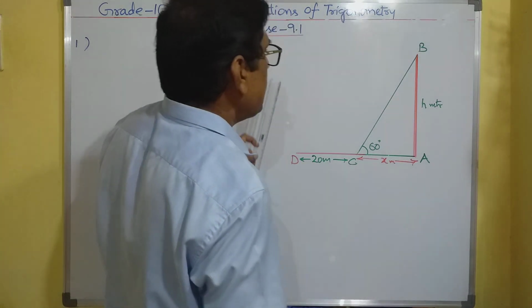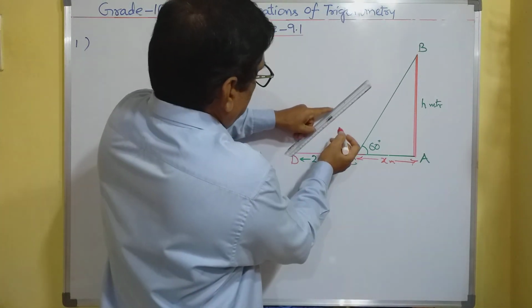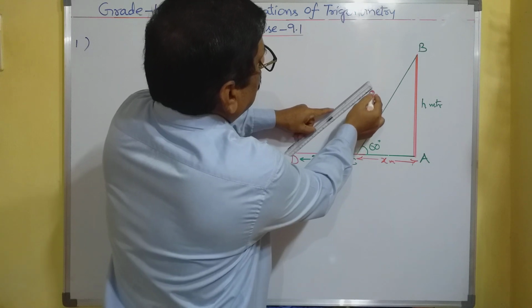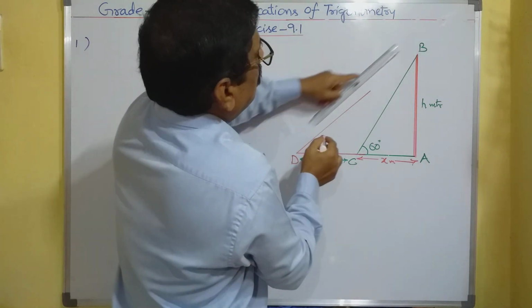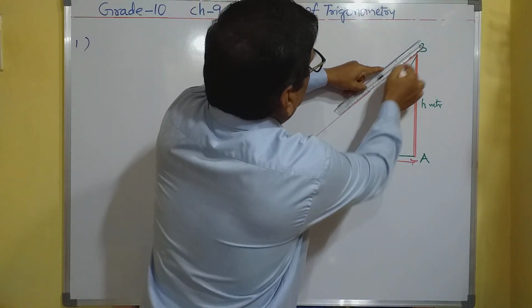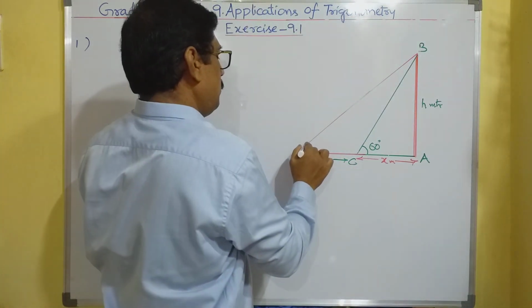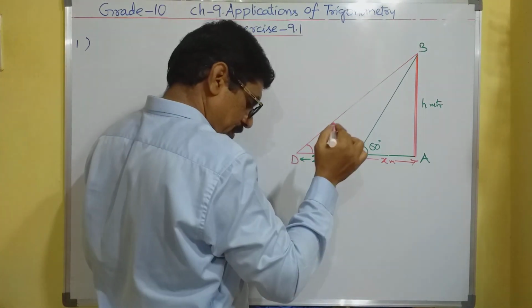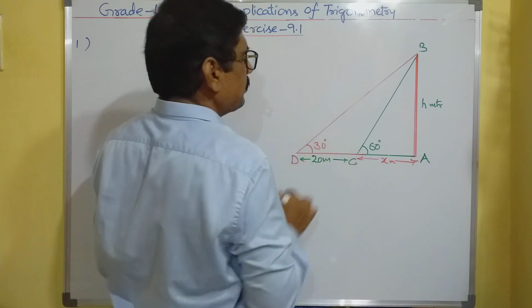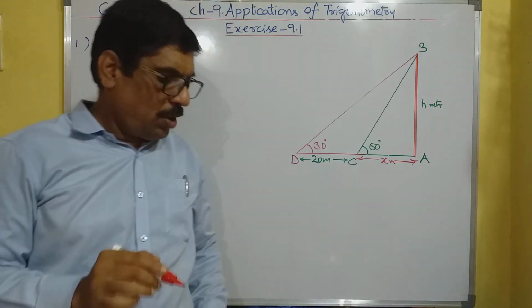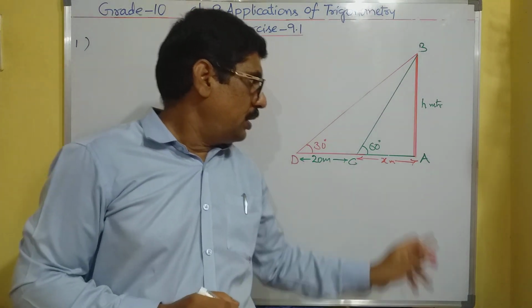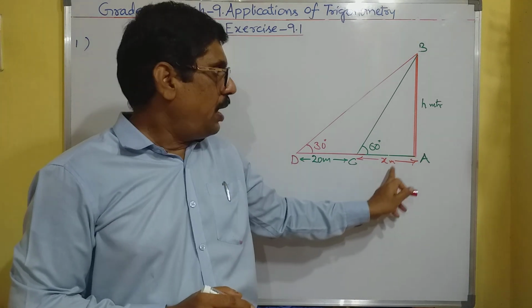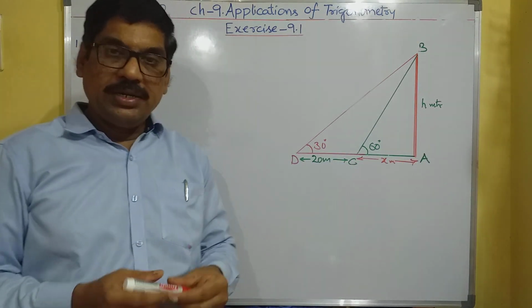Now again he observes the top of the tower with some angle of elevation. This angle is 30 degrees. Now we need to find the width of the river as well as the height of the tower.